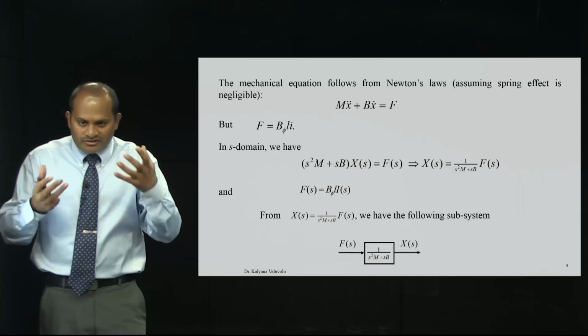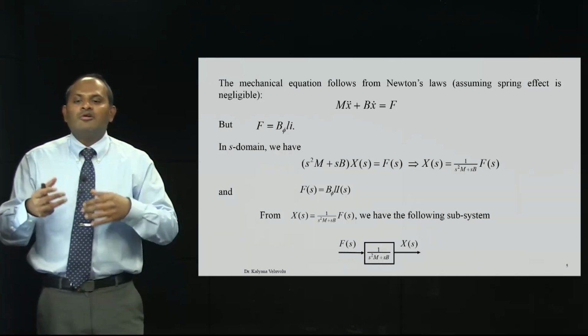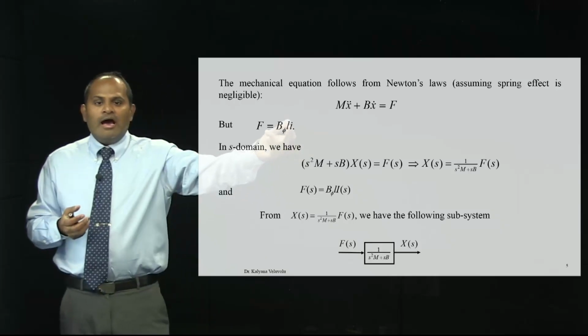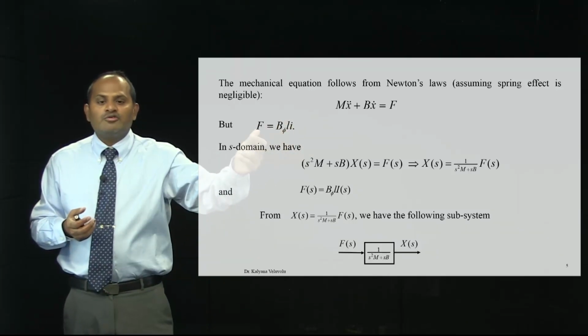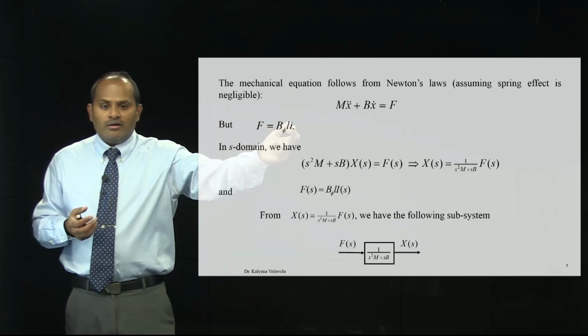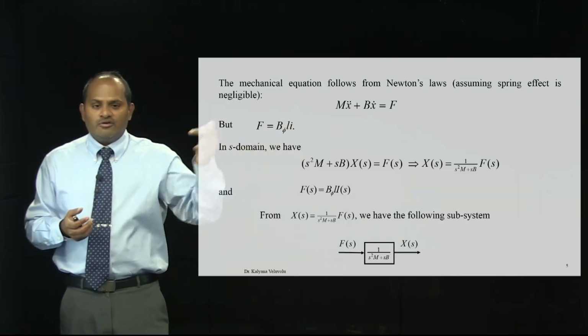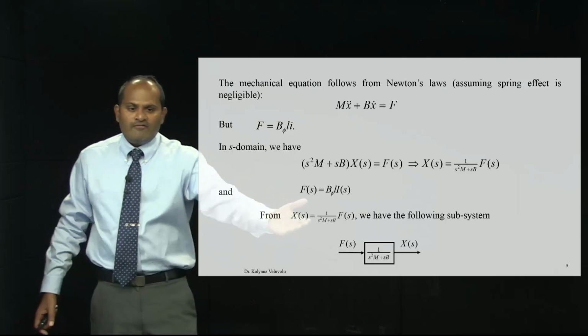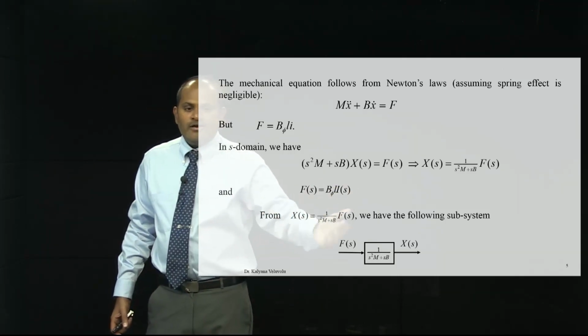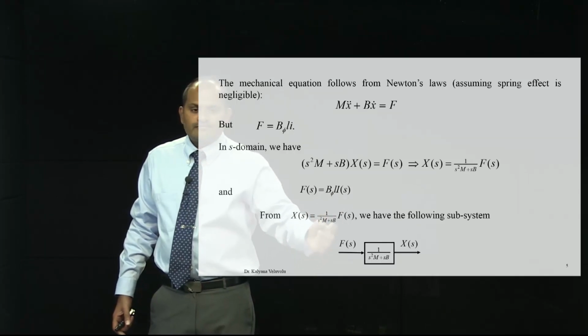If you understand how the system works, then you will be able to do the modeling very well. So, here in this equation, i is the input that produces force. So, i is the cause, F is the effect, or the current i is the input, F is the output. So, doing that, I have f of s equal to B phi L i of s.